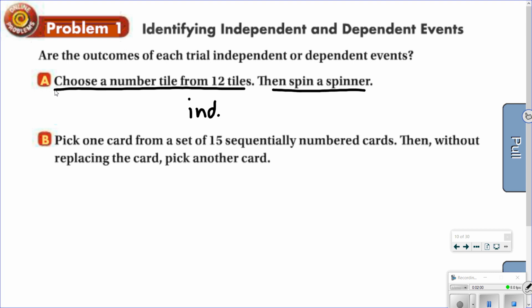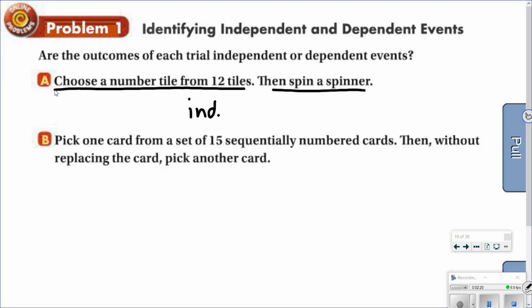B says you pick one card from a set of 15 sequential number cards. So you've got 1 through 15. You pull a number out. Then without replacing it, so you keep that card out, you're going to pick another card. So what you're asking yourself is, is the probability of the second event affected by what happens with the first one? And this one will be.